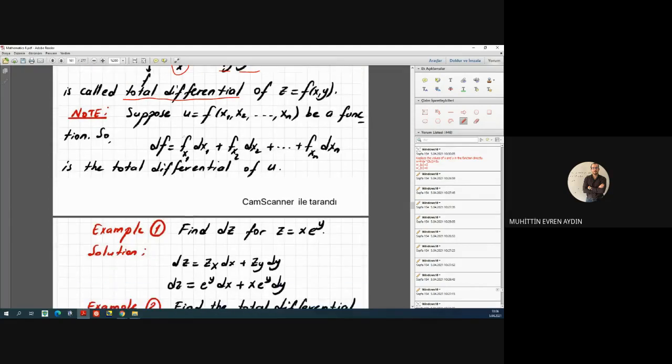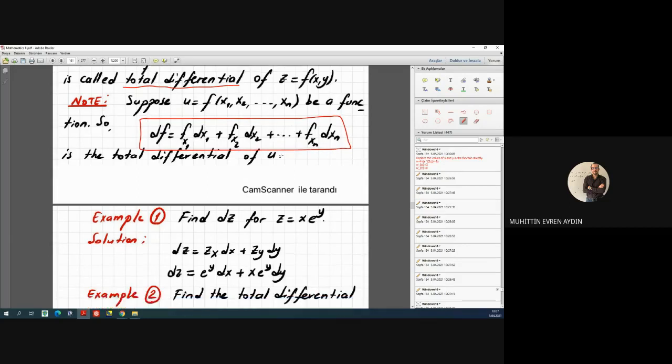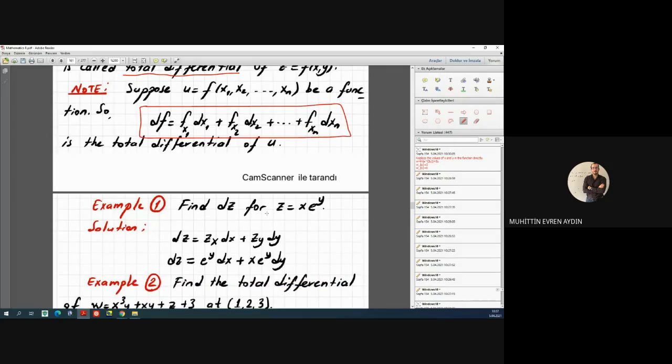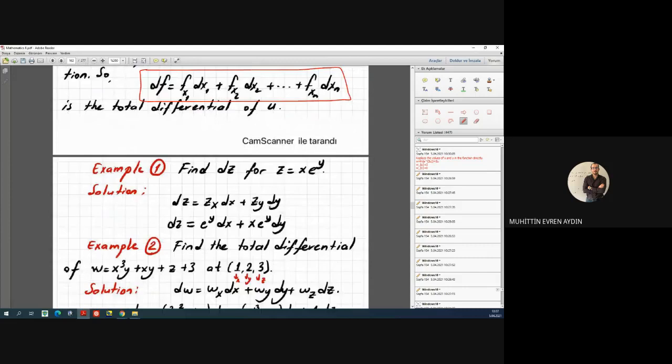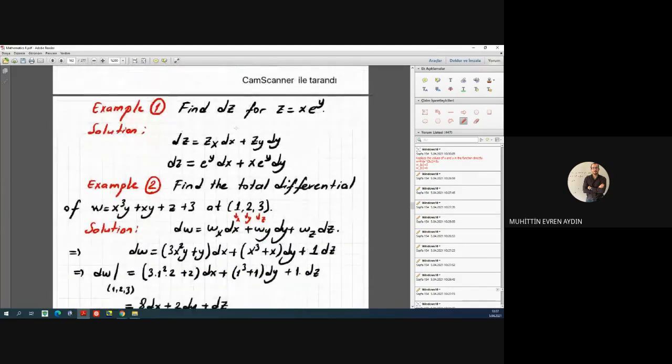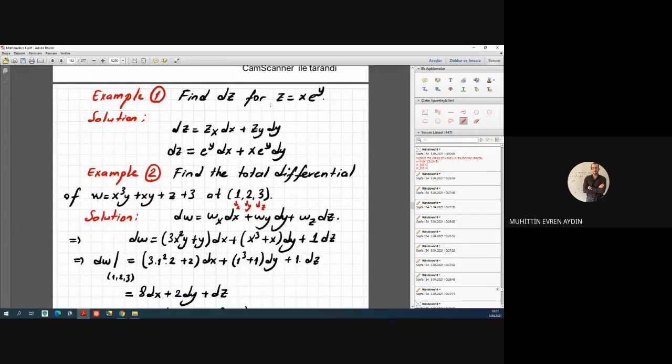And similarly, if your function is a function of arbitrary variables, then the total differential may be extended in such a way. So let's find the total differential of this function.